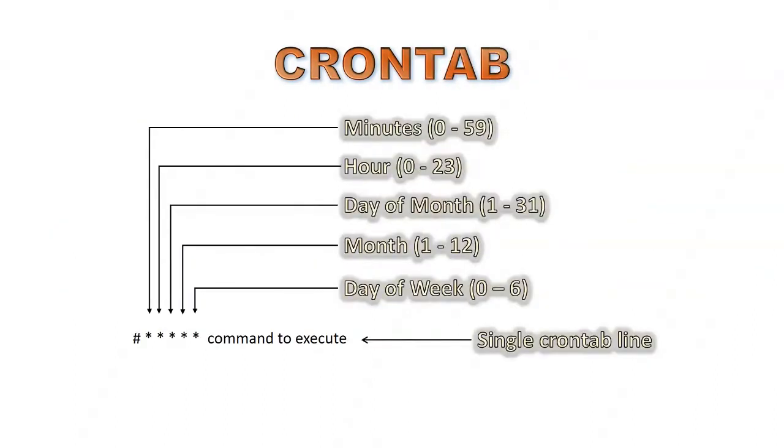The cron table format you'll see is this: minutes, hours, days, months, and then days of the week. A star is the wildcard, and then the command to execute.